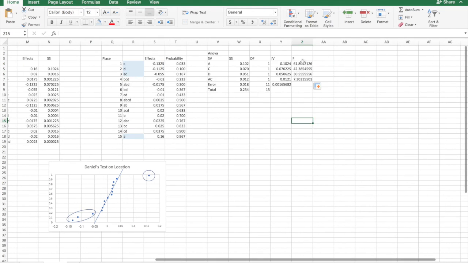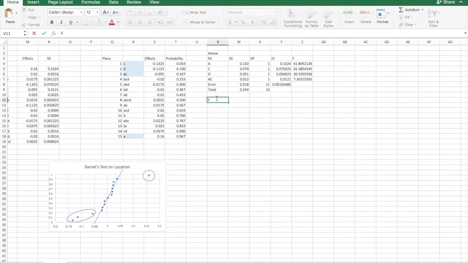Just by looking, we can see that every one is very high, so every factor is significant, but we can still calculate the F at 0.05 with 1 degree of freedom in the numerator and 11 in the denominator.